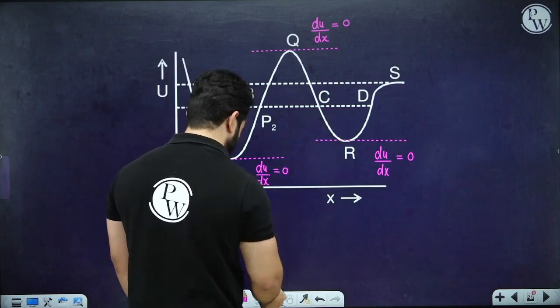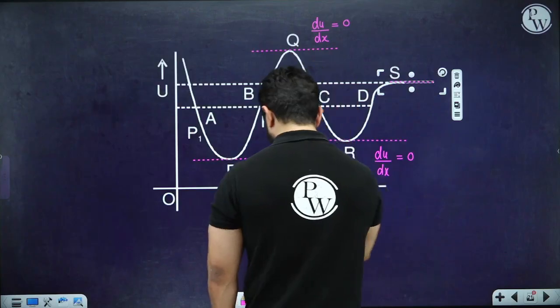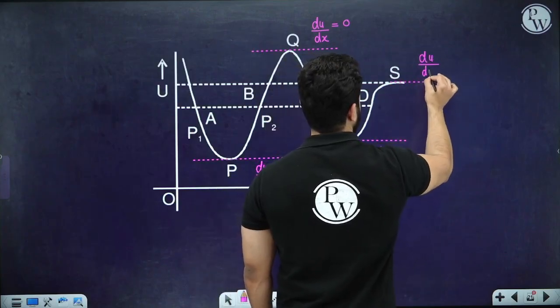Well, after S also we have a similar situation. du by dx is 0.